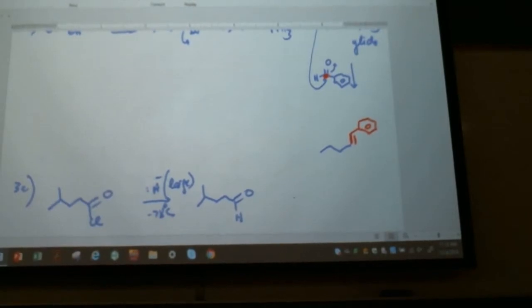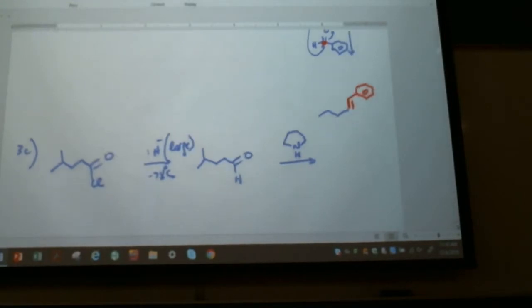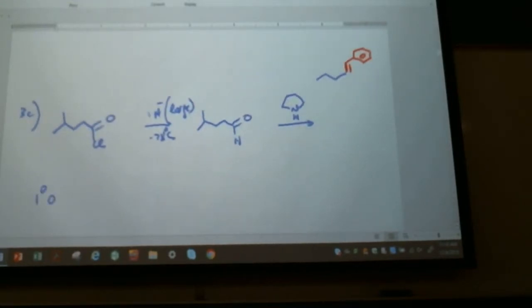Then we're going to add a secondary amine. Remember, your primary amines condense with a carbonyl to form an imine. Your secondary amines condense with a carbonyl to form enamines.